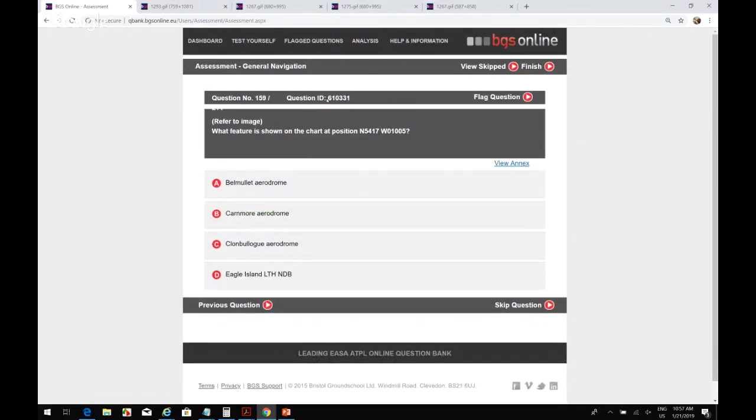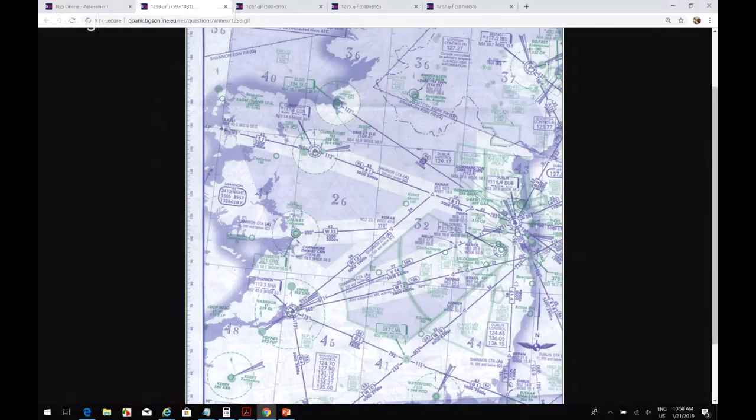5417 at west 1005. So let's go 5417, 10.05. That's this. What's that?